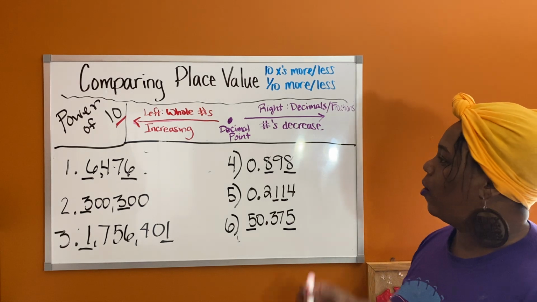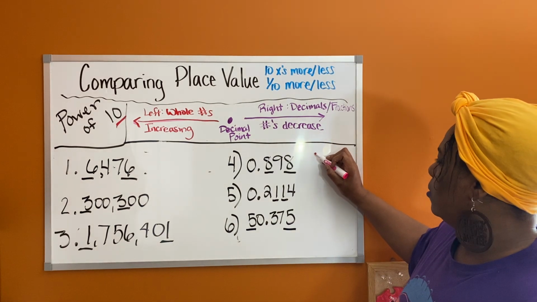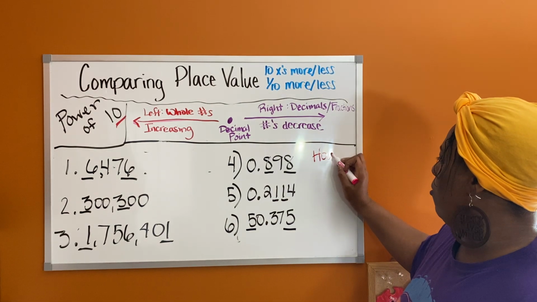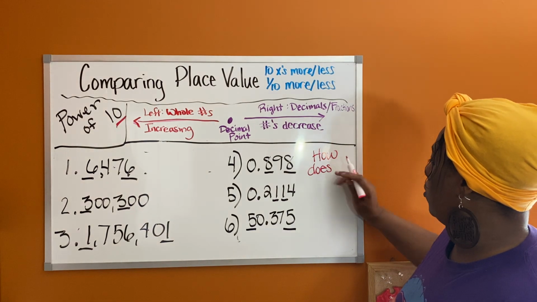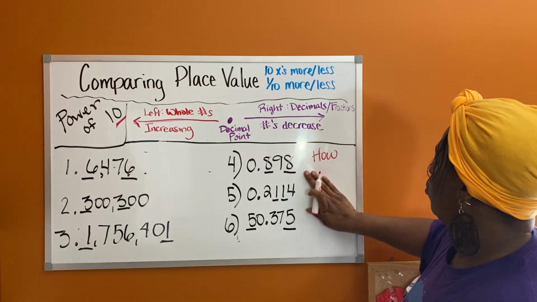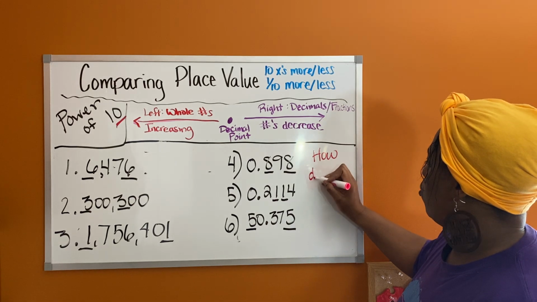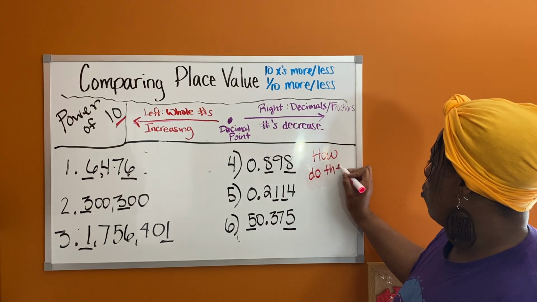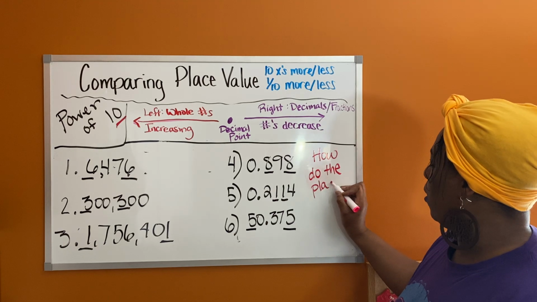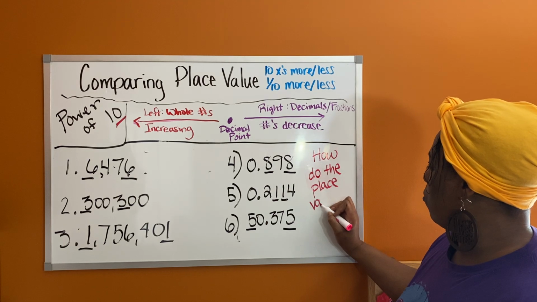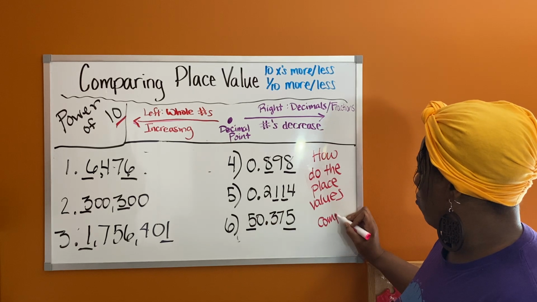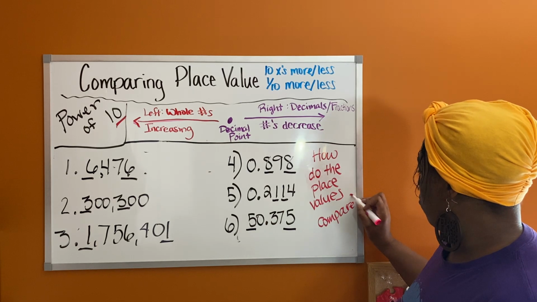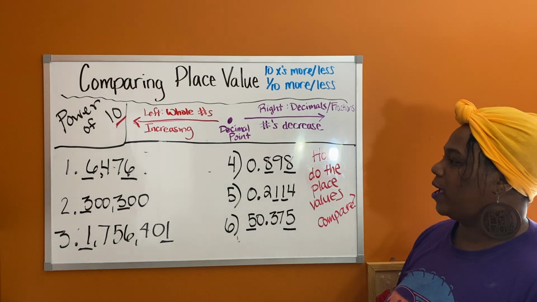And you're going to tell me how do the place values compare? All right, how do they compare?